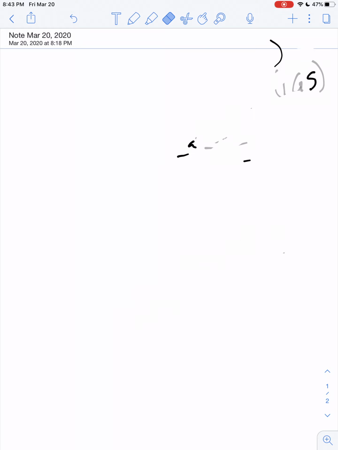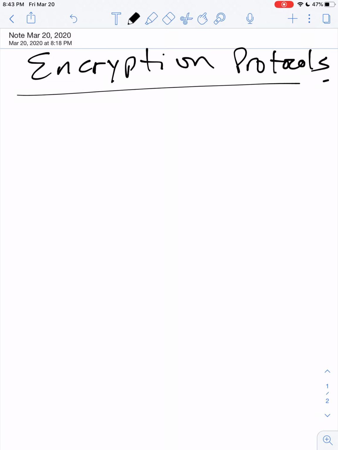At this point, we're going to go back to talking about protocols again, but these are going to be encryption protocols. On these encryption protocols, it's important that you memorize the name and the ports that are being used.